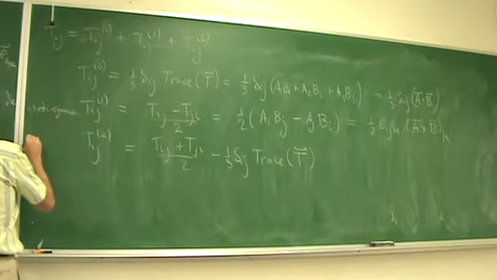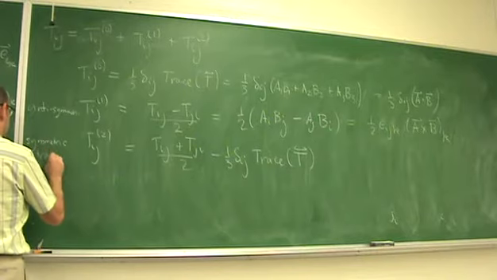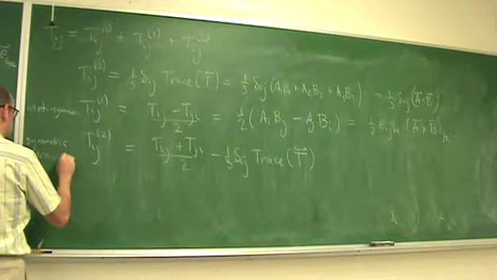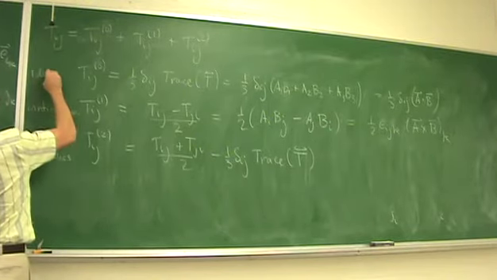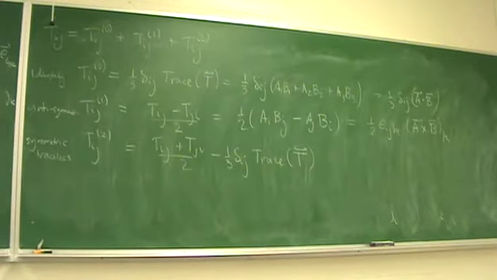This is symmetric and traceless. And this is the identity; this delta ij is the identity matrix times a constant. So I've broken this up into these three pieces.